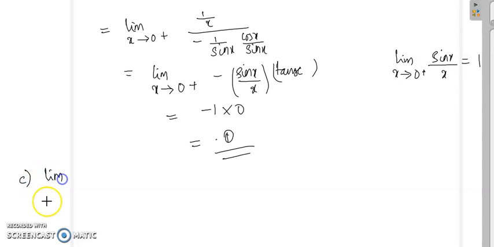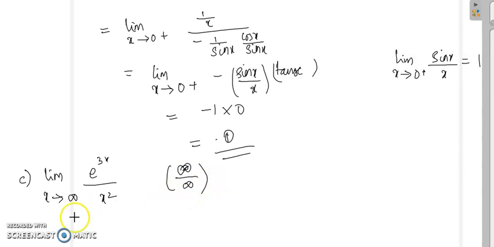Next is limit x tends to infinity e raised to 3x by x square. The numerator e raised to infinity is infinity, and the denominator x square also goes to infinity, so that is an infinity by infinity form.